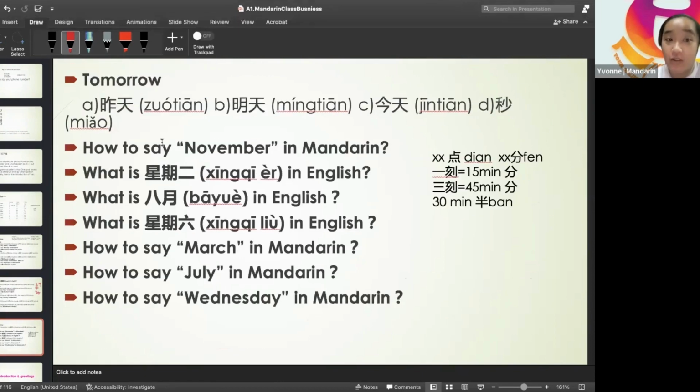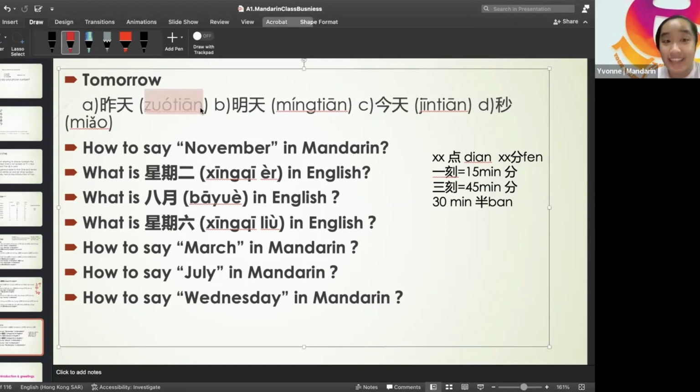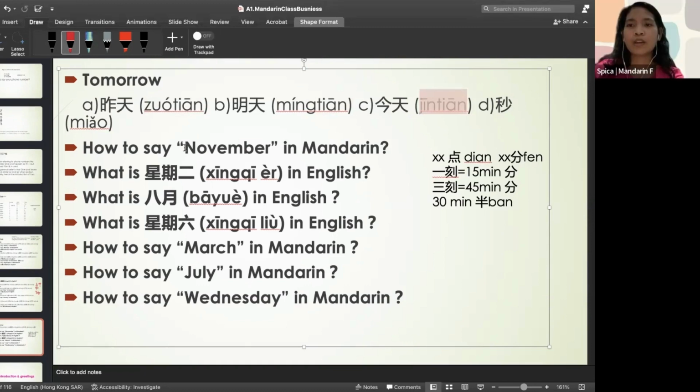Just now I've taught you already. What is tomorrow? Mingtian. Christine is correct. 明天. Very good. 昨天 yesterday. 明天 tomorrow. 今天 today. So November. How do you say it? 4月.